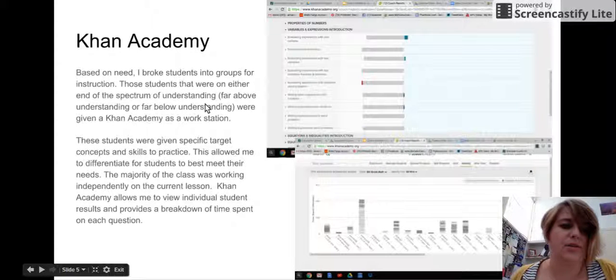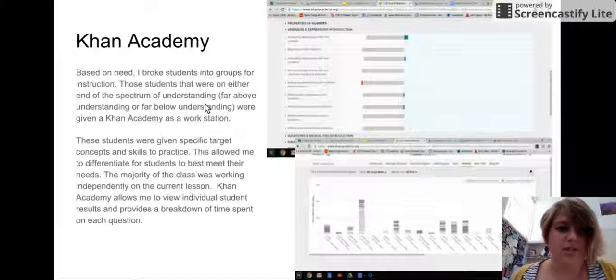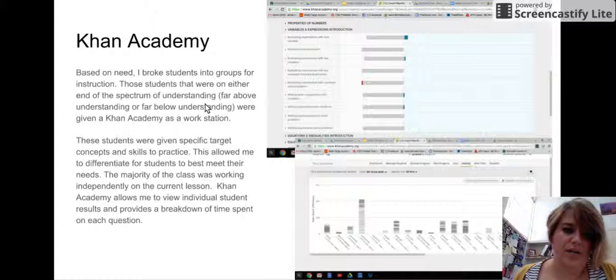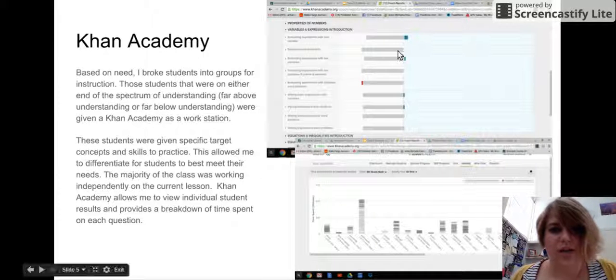And the way I decided to use this was during independent review at the end of class, students that were either far ahead or far below understanding were put in groups, and I gave them specific assignments to meet their needs based on what they did in class. So again, this was helpful. Not everybody did this, but this was helpful for those students to differentiate within math.